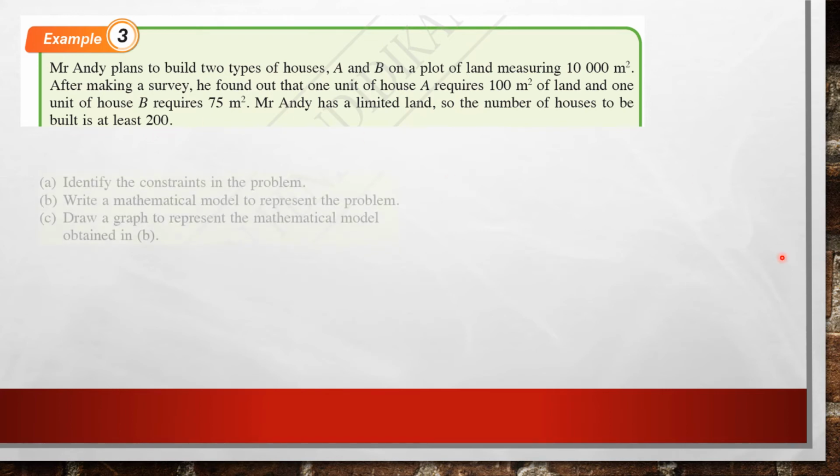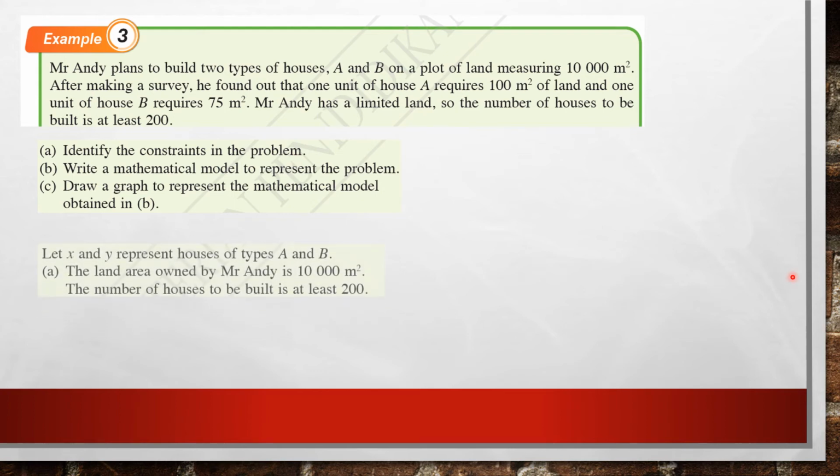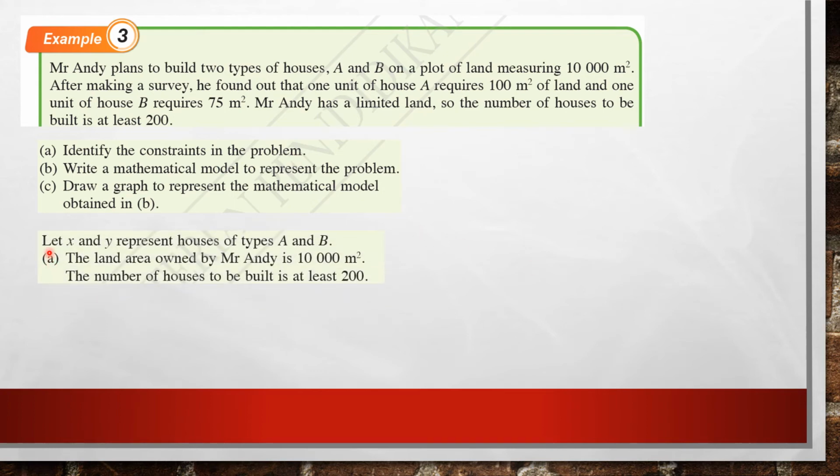So here, what is the question? First, we look at the question. Part A, identify the constraint in the problem. So what are the constraints in this problem? Before we write out the constraints, you have to write out what the unknowns or variables in your inequalities represent.